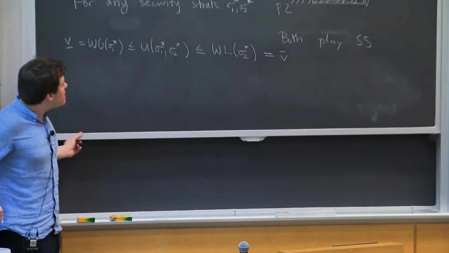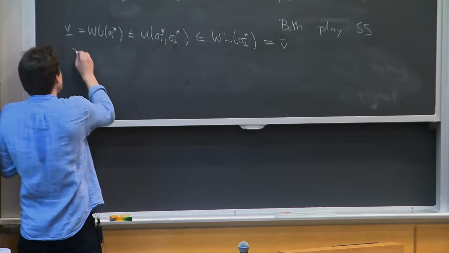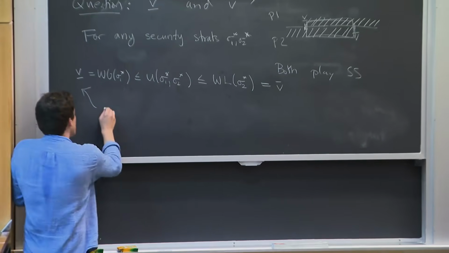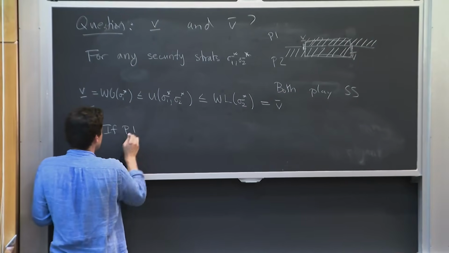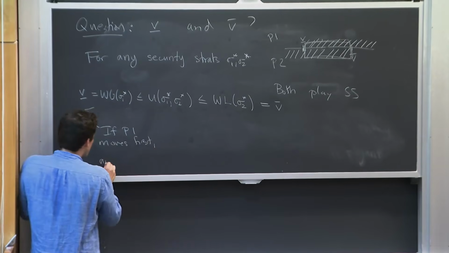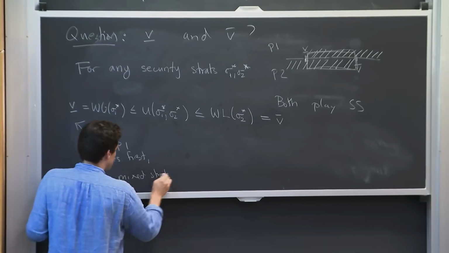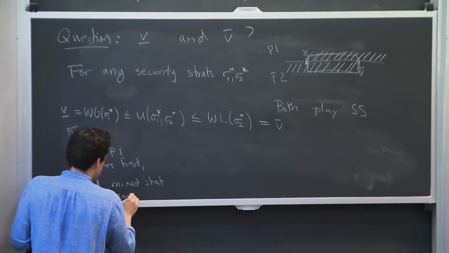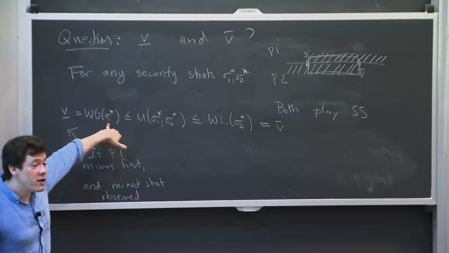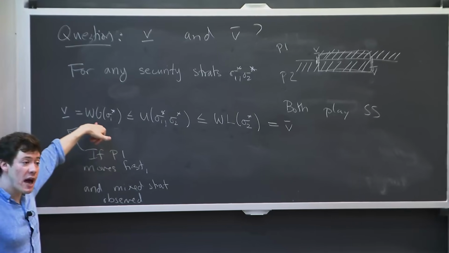I think there's one last way of interpreting this that may be a bit more reasonable, a bit easier to interpret. And we can think of this as what would happen if player 1 goes first, and their move is observed, and their mixed strategy is observed. Well, I claim that if player 1 goes first and plays sigma 1 star, the worst case gain is exactly what would happen.